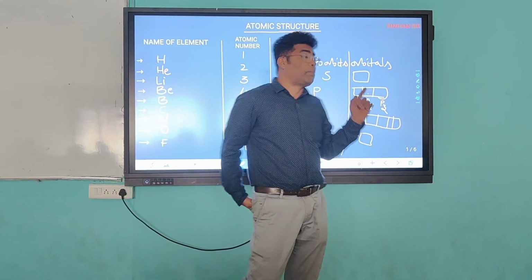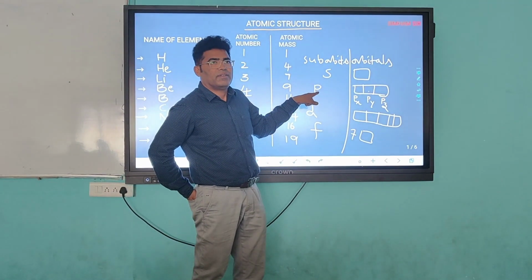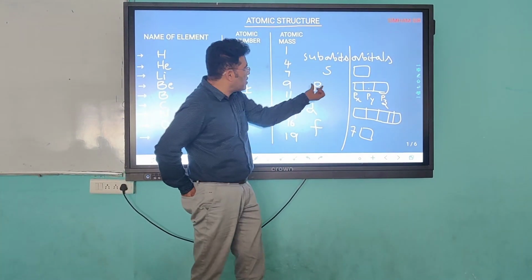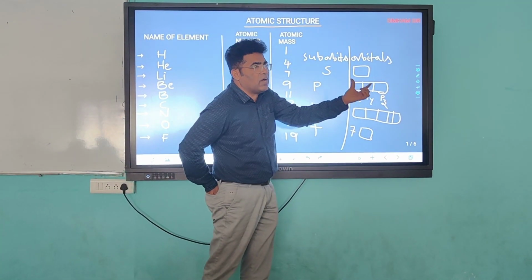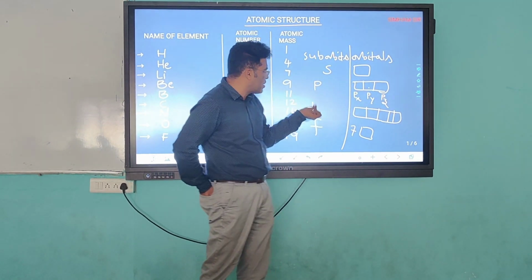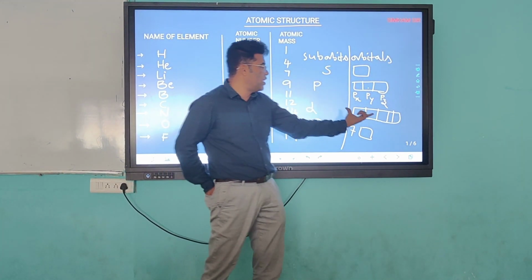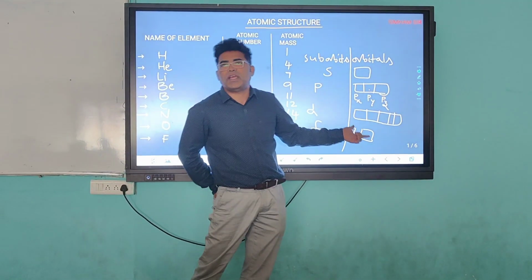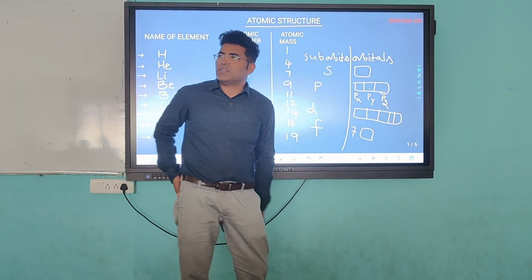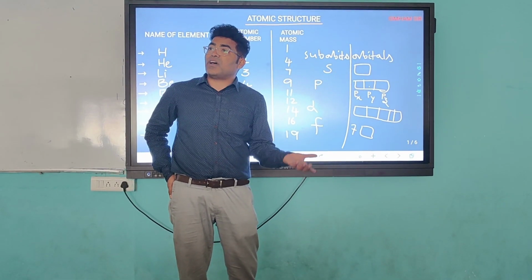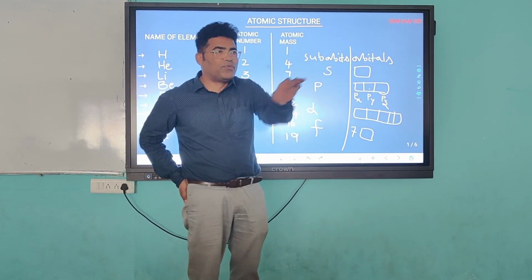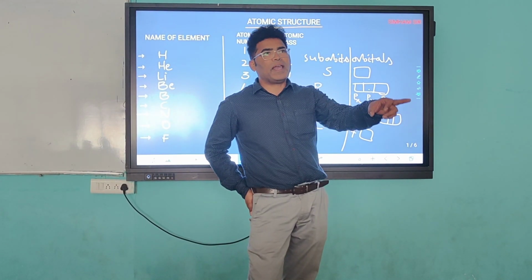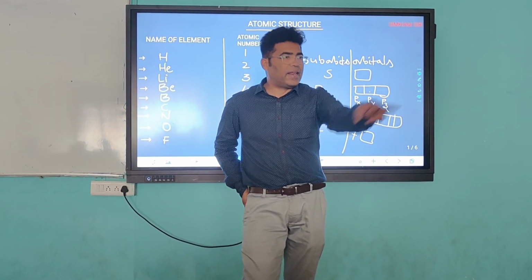Maximum electrons in a p suborbit, then 6. That is the right answer. A p suborbit is a combination of 3 orbitals. A d suborbit is a combination of 5 orbitals. An f suborbit is a combination of 7 orbitals. So maximum electrons in an f suborbit, then 14. Maximum electrons in a d suborbit, then 10.